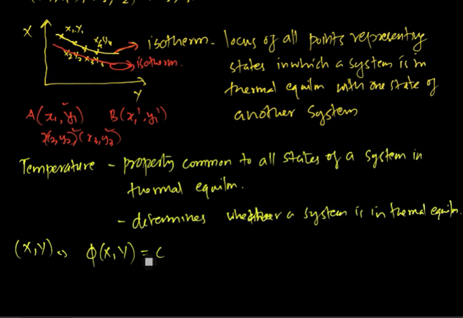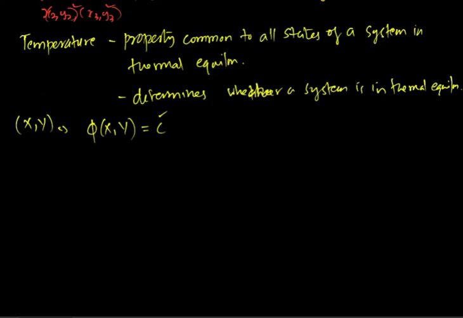Several combinations of x and y can be found for a constant parameter c. For example, to get an idea of this, consider we have several gaseous systems in thermal equilibrium with each other.